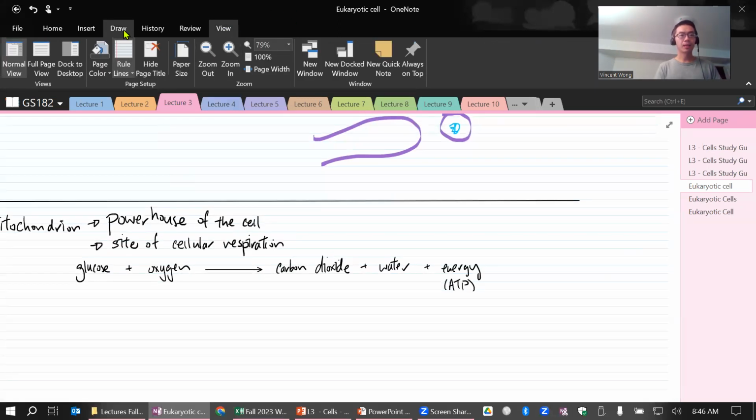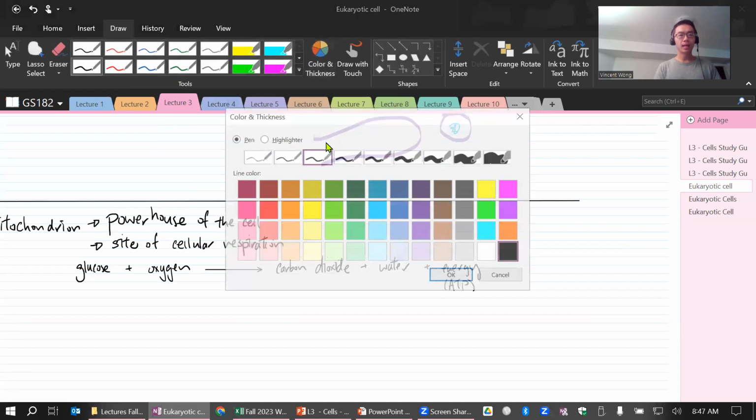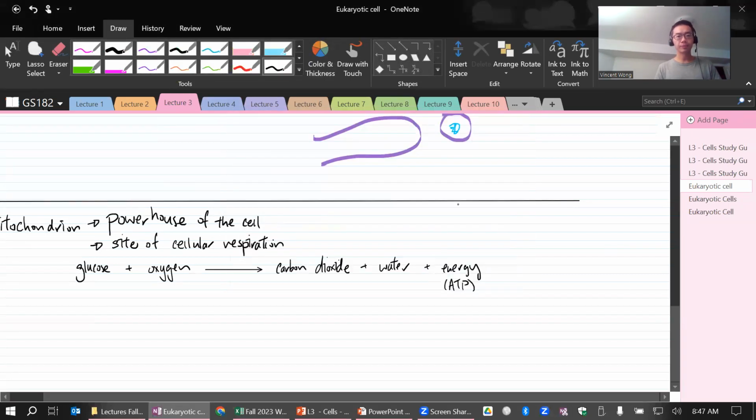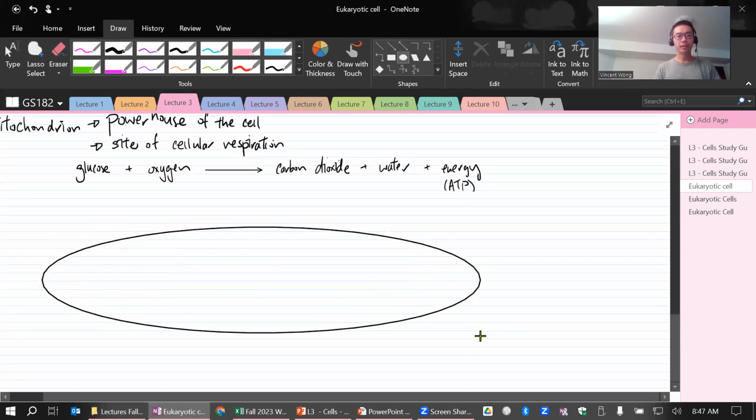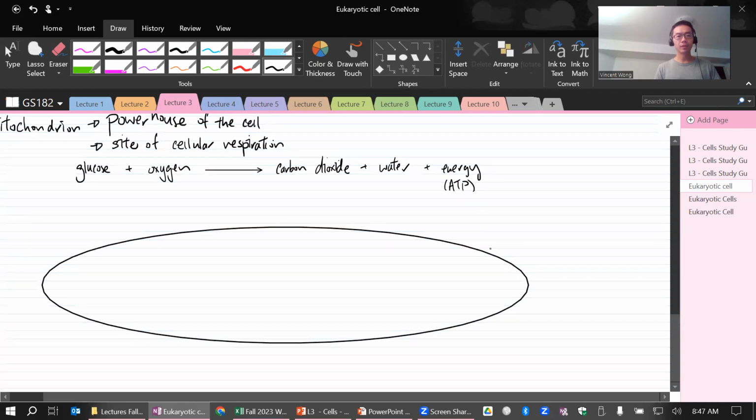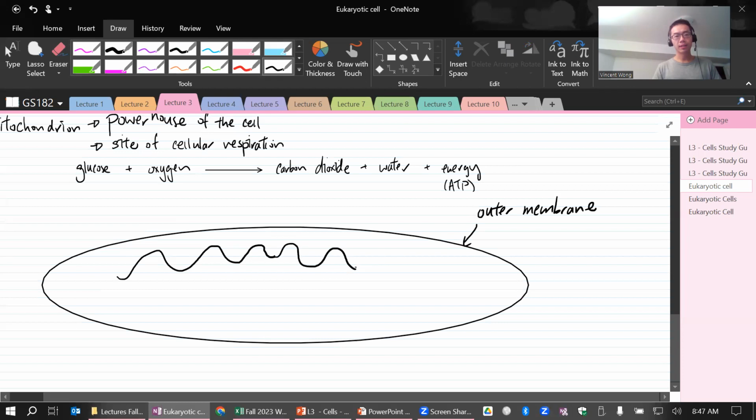All right. Now let's draw this mitochondria together. We have a big oval here that represents the outer membrane. And then we're going to have something like this on the inside.